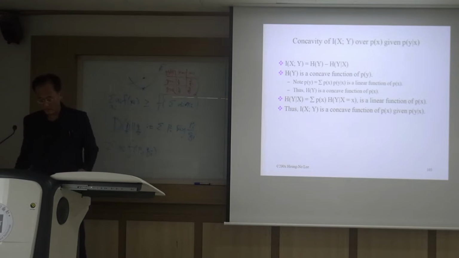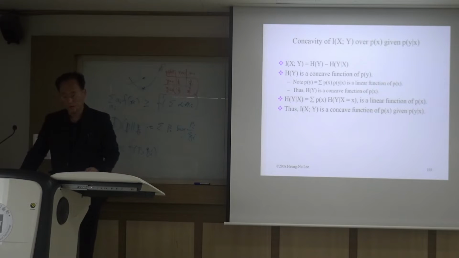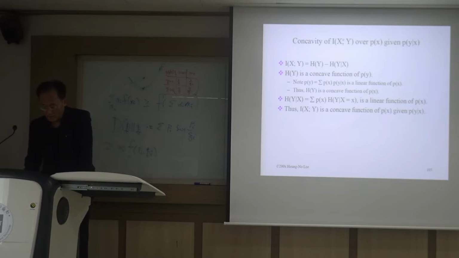But with this, can you make sure that this statement is true? It's not 100% clear. Maybe this part is okay because we have proven it. But what about this part?